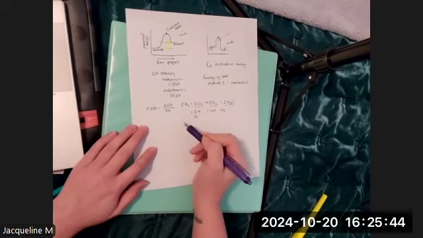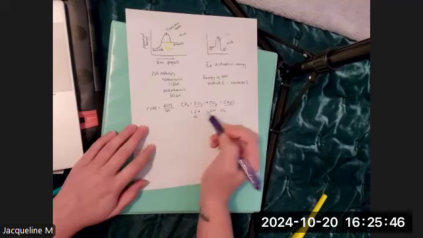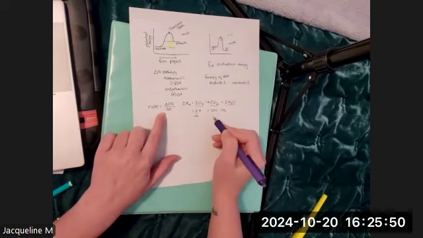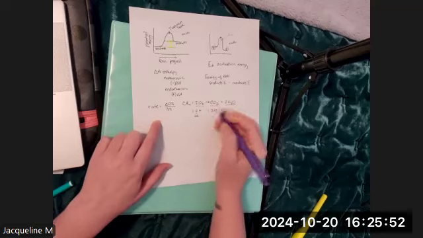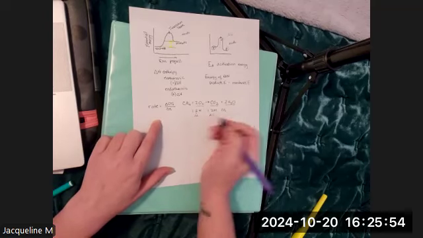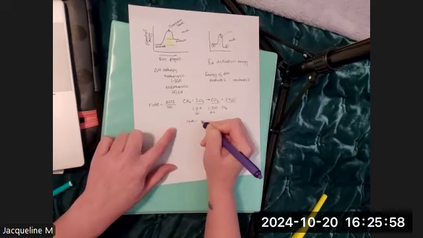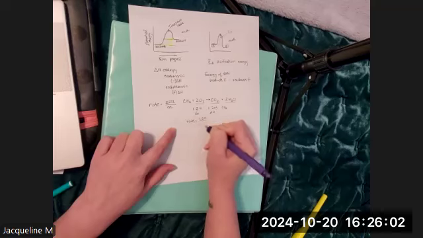We're going from 0 hours to 1.2 hours. And our change in concentration, we're going from 0 concentration to 1.2 molars. So that's our change in C. So we can write this rate equation as rate equals change in concentration, so 1.2 molar over 1.2 hours.